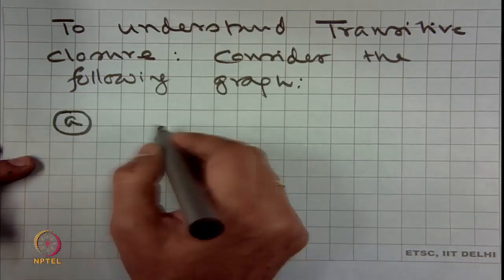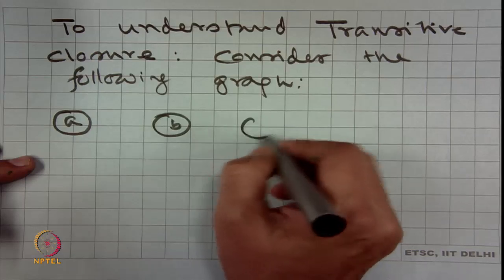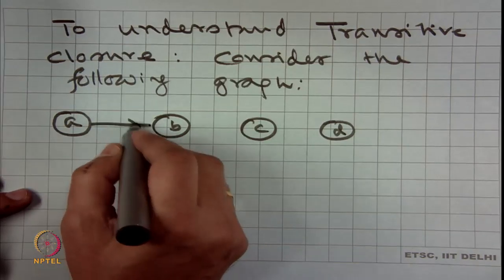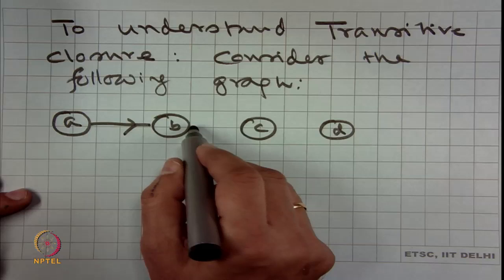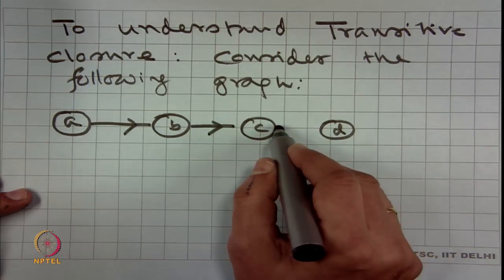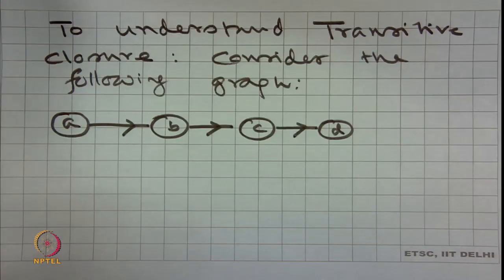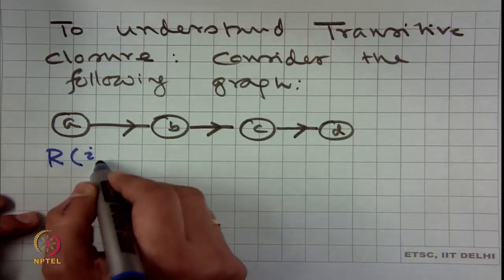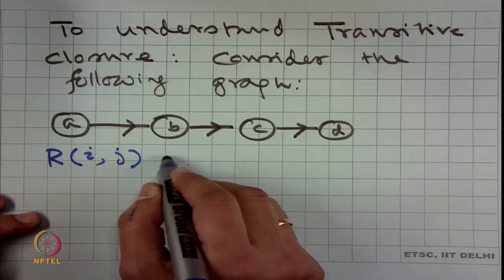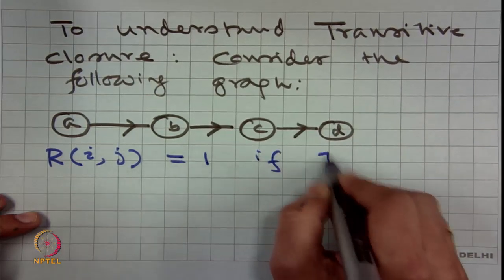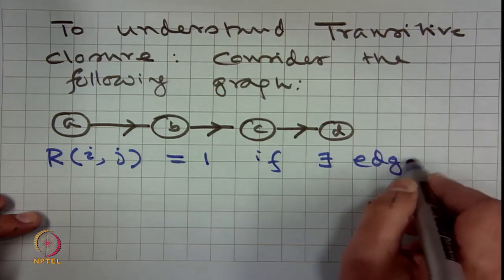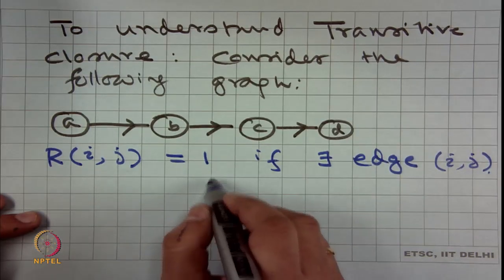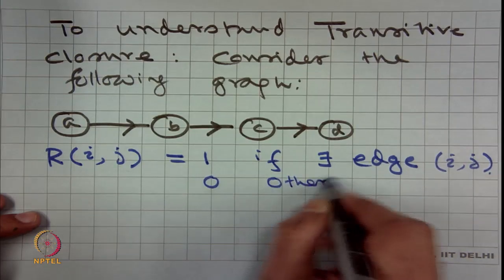There are 4 nodes A, B, C and D. From A we can reach B, from B we can reach C, and from C we can reach D. So, i and j are related if there exists an edge from i to j, and 0 otherwise.